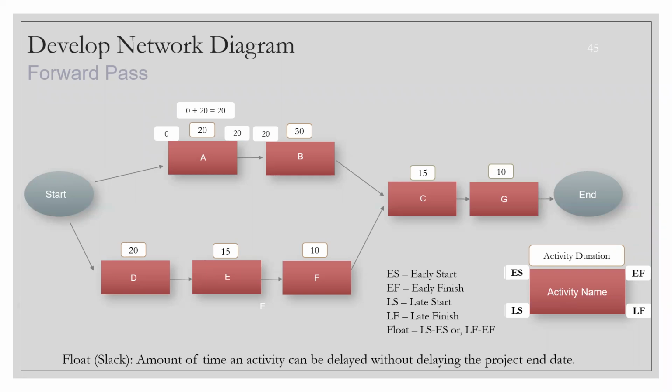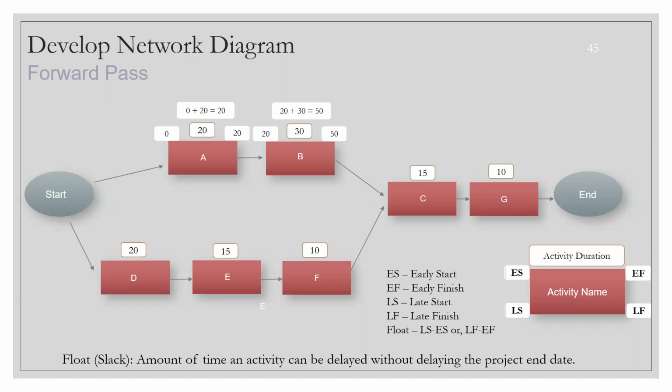Unless the PMP exam has explicitly told you otherwise, always consider that this is finish to start and the dependency is mandatory. So you have to complete A prior to starting B. A completes on the 20th day, and the 20th day is the starting day of B, right? So what is the early finish of B? Easy calculation, 20 plus 30, that is 50. That's how we are going left to right, forward pass.